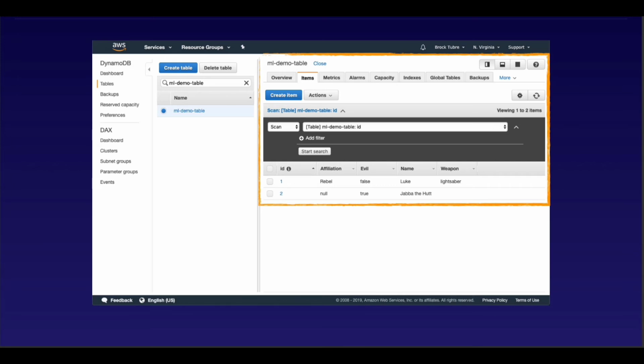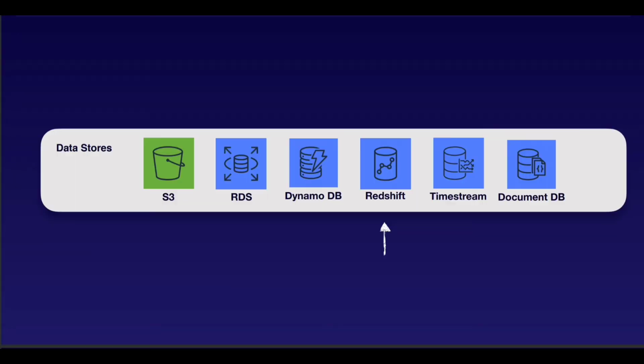Now the next type of data store that I would like to discuss is Amazon Redshift. So check that out if you get a chance. Now, Amazon Redshift is a fully managed, clustered, petabyte data warehousing solution that congregates data from other data sources like S3, DynamoDB and more, and it allows you to store massive amounts of relational or non-relational, semi-structured or structured data to create a data warehousing solution.